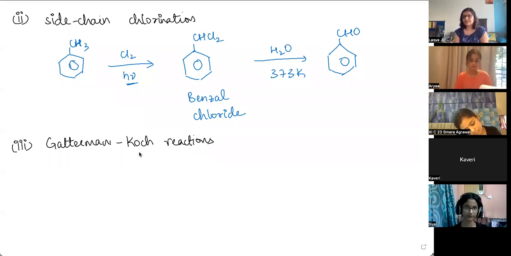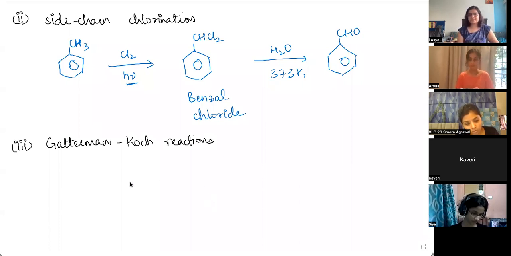We had come across Gattermann-Koch, right? No, I think you had Gattermann reaction there. This is Gattermann-Koch reaction. Yeah, that was only Gattermann. It's not multiple reactions, just one single reaction.